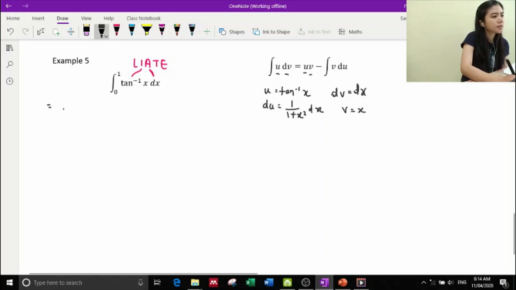The answer is supposed to be the product of these two things, so we have x and tangent inverse, minus the integral of v du. Our v is x, and your du is 1 over 1 plus x squared. Let's simplify it.